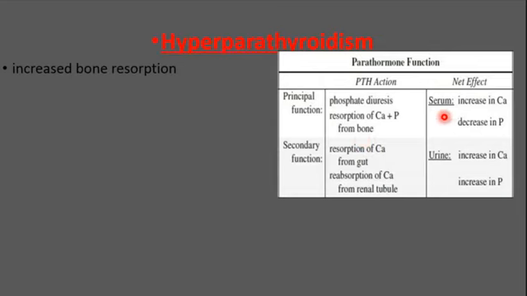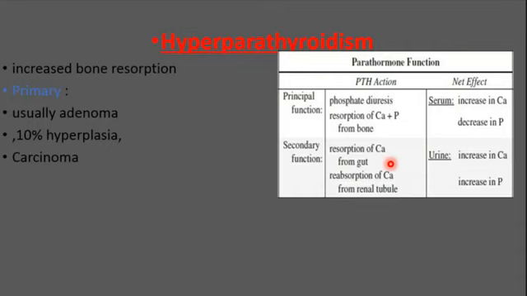In the serum, it acts to increase calcium and decrease phosphate. Secondary functions are resorption of calcium from the gut and from the renal tubules. So it brings calcium from everywhere to the serum, elevating serum calcium.